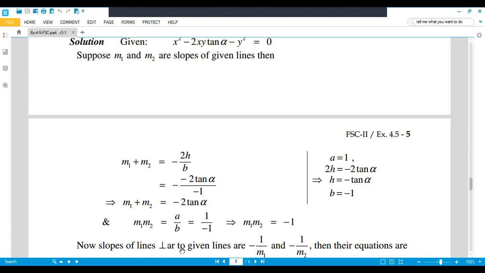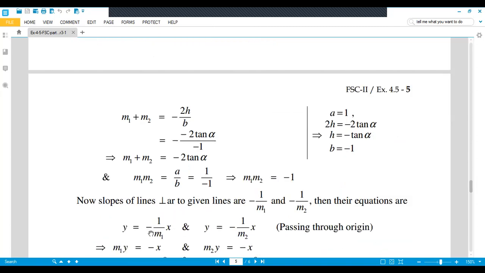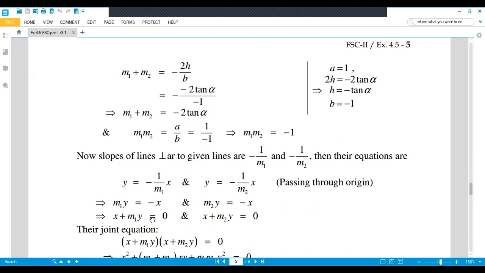So now the slopes of the lines perpendicular to the given lines are minus 1 over m1 and minus 1 over m2. Their equations in point slope form are y equal to minus 1 over m1 x and y equal to minus 1 over m2 x. So it will be m1y equal to minus x, and m2y equal to minus x, shifted to the other side.